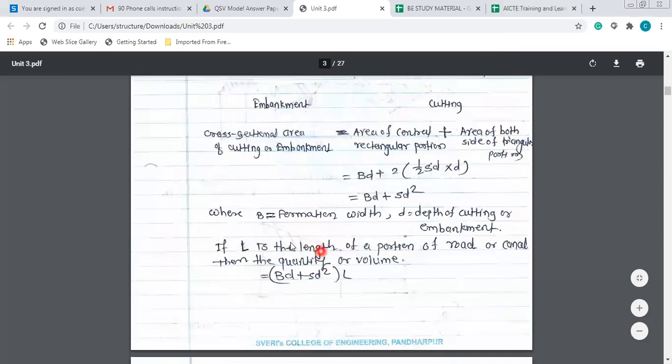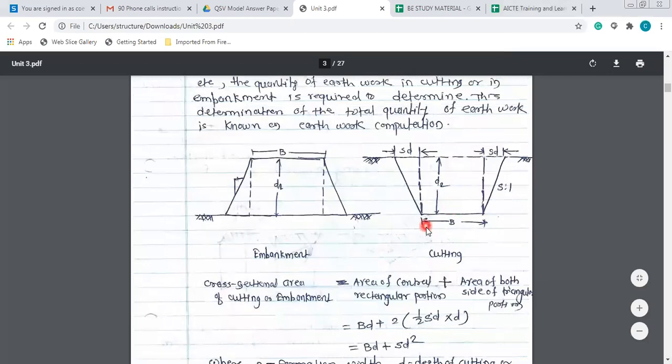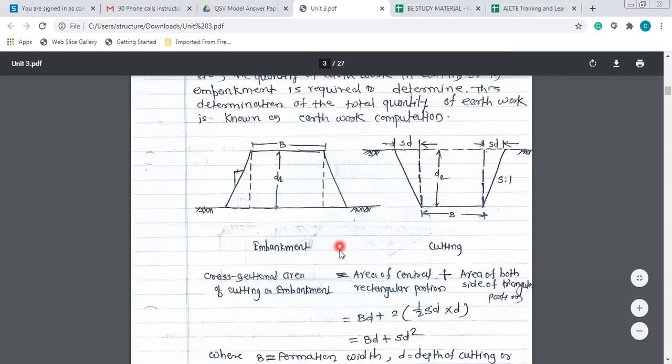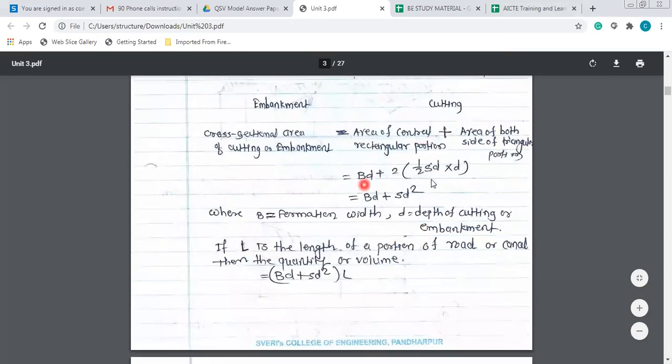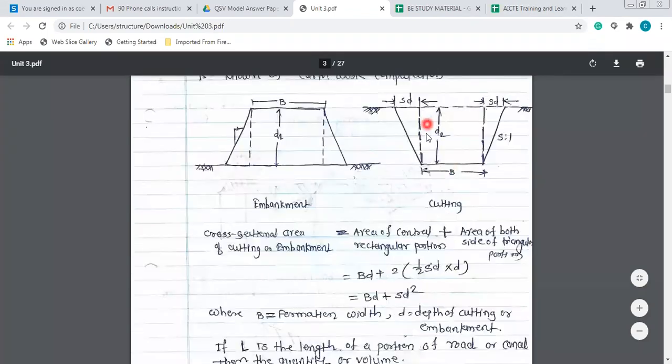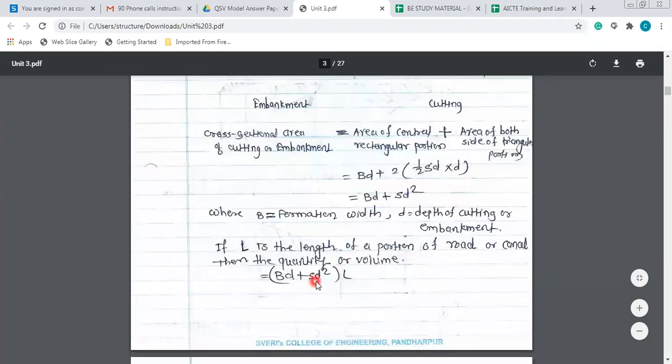After this, let L be the length of the portion of the road or canal. Right up till now we are dealing with the width and the depth, but we haven't considered the length. Now if I assume L is the length of that particular road, what will be the volume of the earthwork? So the volume of this cutting section will be L multiplied by D multiplied by B. Okay, so that is what I have written over here.